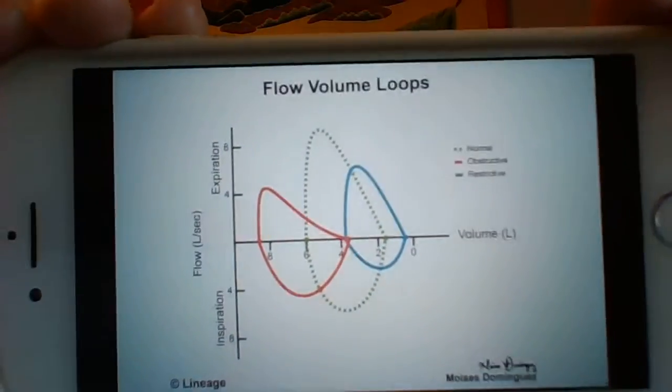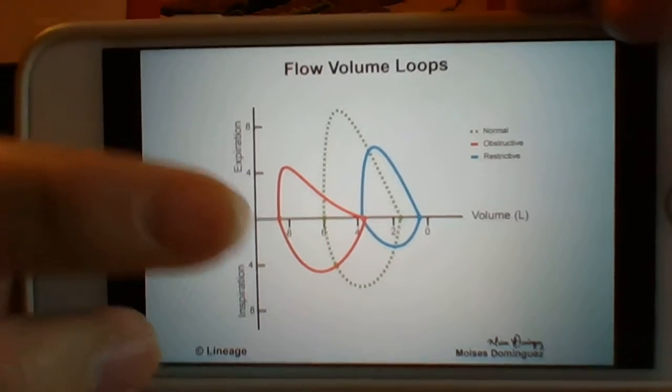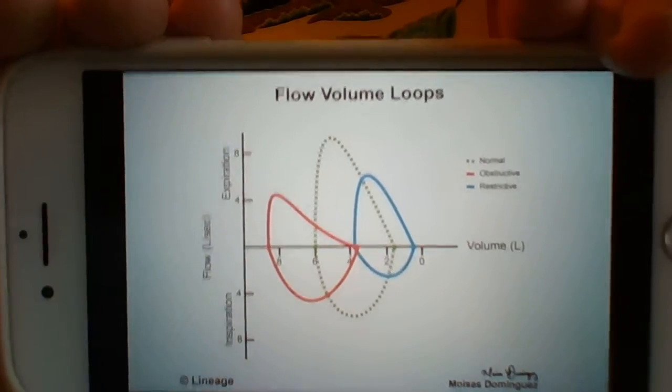In most cases in COPD, exhaling is very difficult, and we can see that in figure 10.3, which is the flow volume loop here. In COPD, it's super hard to exhale, so in expiration, we're going to see a flattened curve there, as well as a shift to the left.